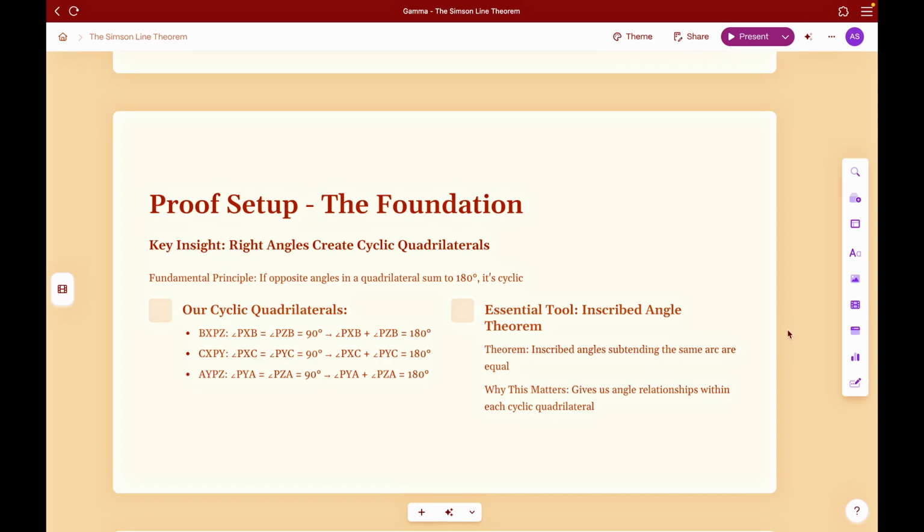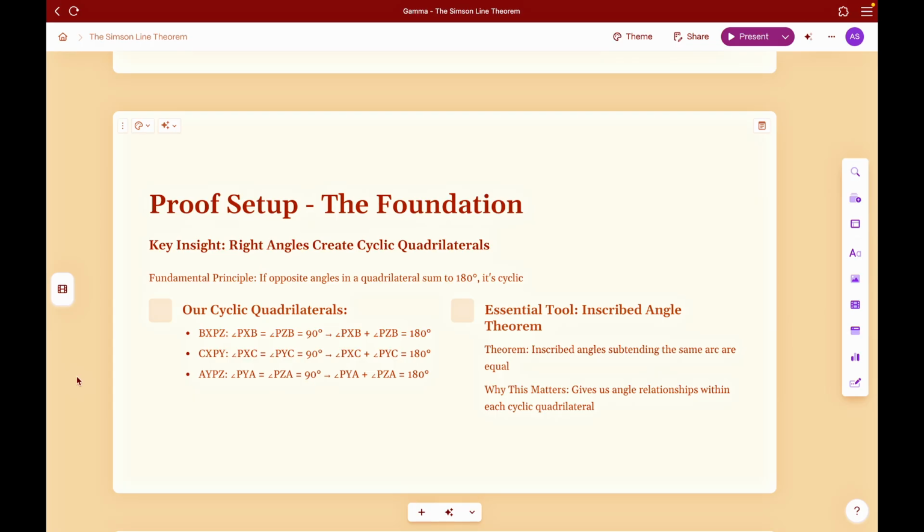Basically, right angles create cyclic quadrilaterals, and if opposite angles in a quadrilateral sum to 180 degrees, it's a cyclic quadrilateral. And the same goes for the converse. So if it's a cyclic quadrilateral, we can say that the opposite angles sum up to 180 degrees. So we have 3 cyclic quadrilaterals: BXPZ, CXPY, and AYPZ.